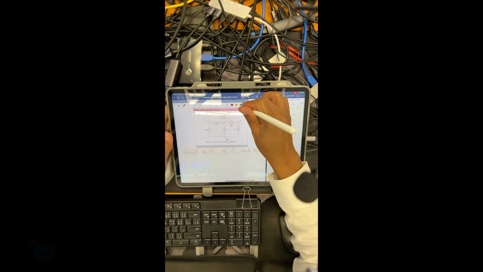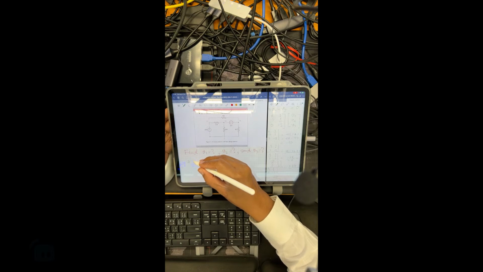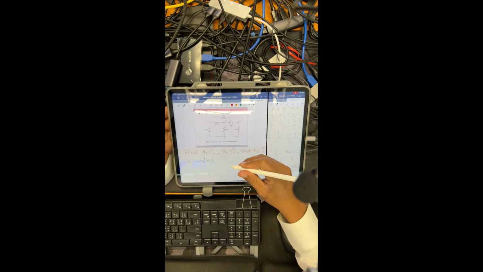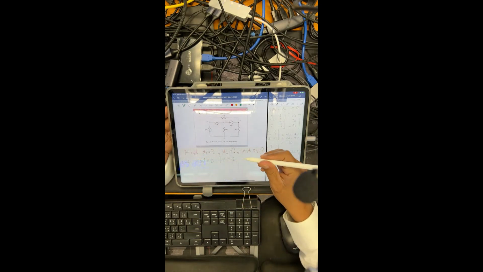There are 4 nodes in this circuit, so n equals 4, and the remaining n minus 1 is 3, so there are 3 remaining nodes.